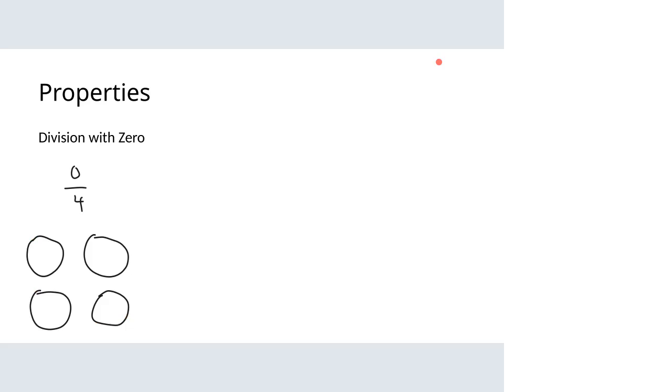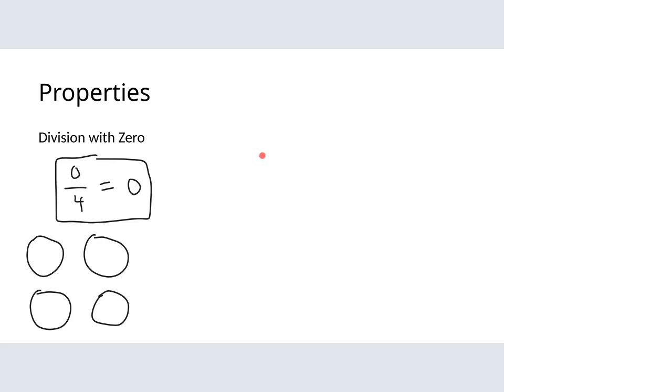I could do that, right? Each of those piles just gets none. 0 in here, 0 in here, 0 in here, 0 in here. 4 equal piles, each one containing 0 objects. So 0 divided by 4 is just 0.